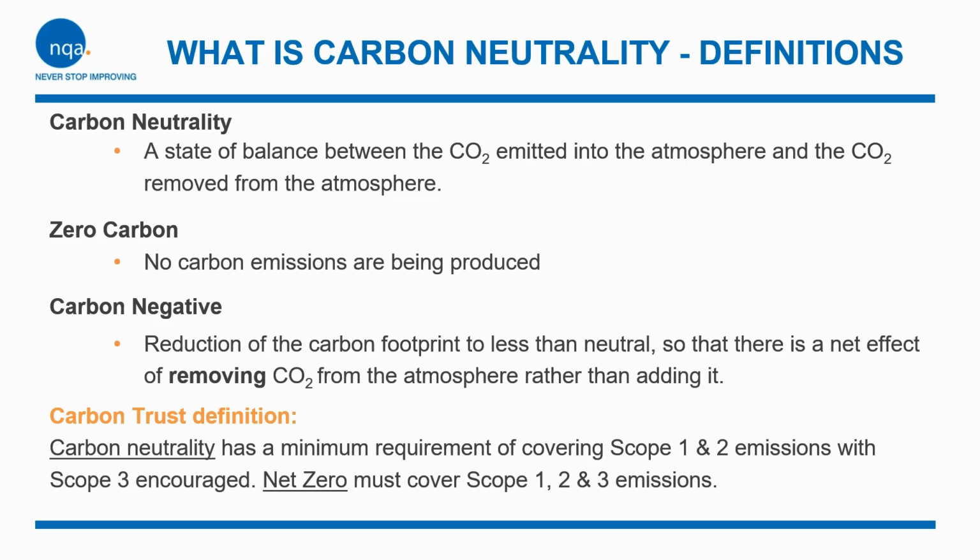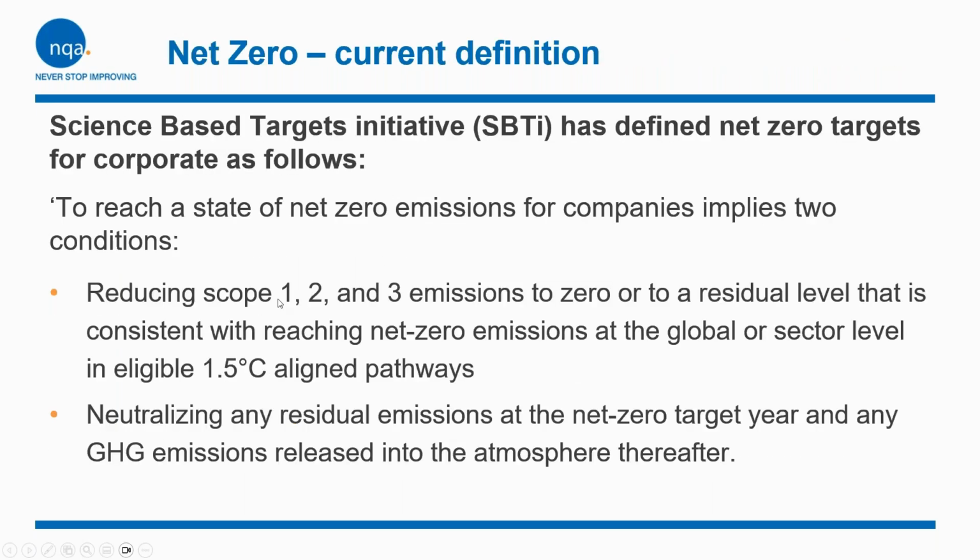We'll talk a little bit later about how the Science Based Targets initiative ties in with some of this. And there you go. So Science Based Targets initiative have defined net zero targets for corporate bodies as follows. To reach a state of net zero, it implies 2 conditions: reducing scope 1, 2 and 3 emissions to zero, or, as we've said, more likely to a residual level that's consistent with reaching net zero emissions at the global or sector level in eligible 1.5 degrees centigrade aligned pathways.